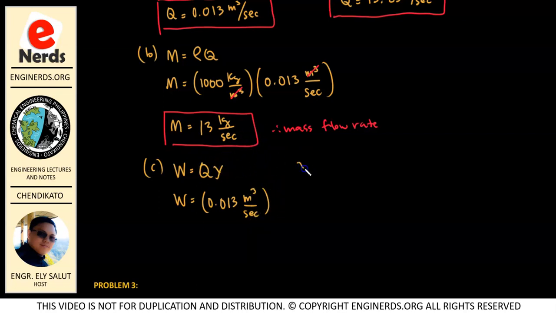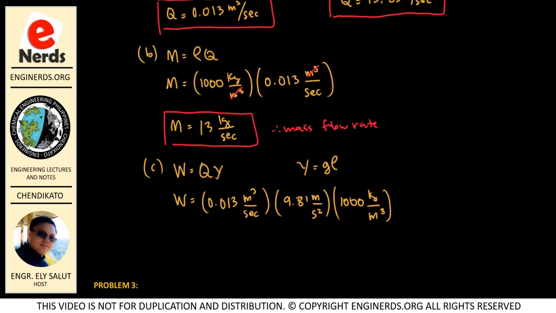Our specific weight is equal to the acceleration due to gravity multiplied by the density of our material. In this case we have water. So we're going to multiply by the acceleration due to gravity, which is 9.81 meters per second squared, then the density of water, which is 1000 kilogram per cubic meter.